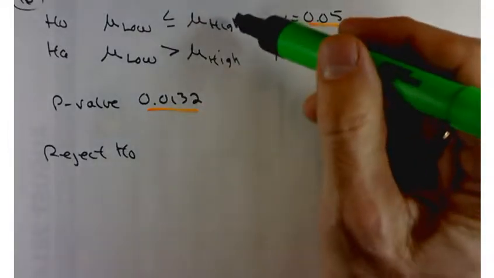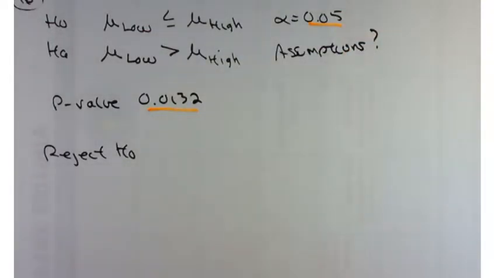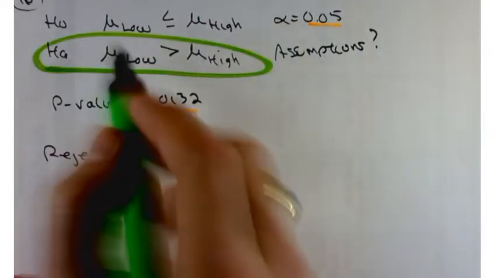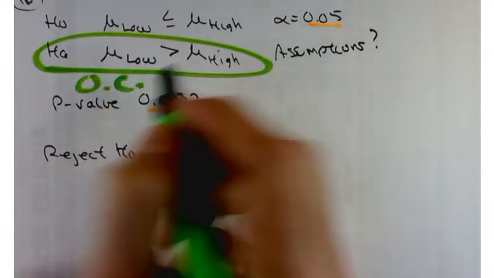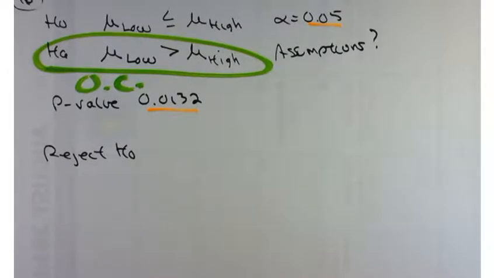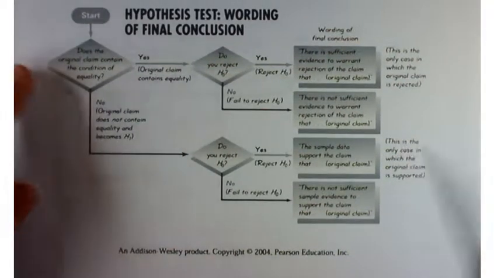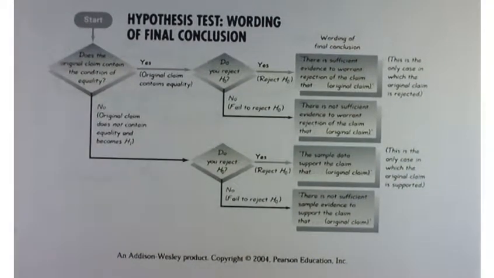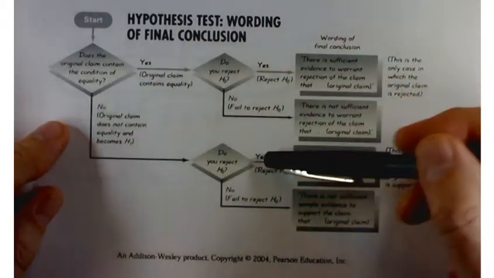Now, was our original claim in the null or alternative hypothesis? It was in the alternative hypothesis. So this is where our original claim was. Let's see how we want to word our conclusion. Original claim does not contain equality, so we're down here.